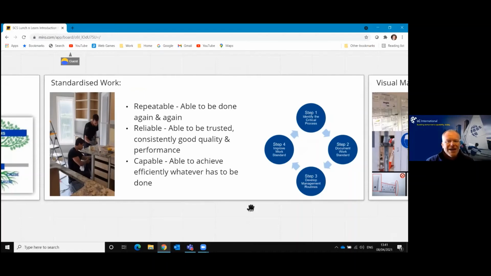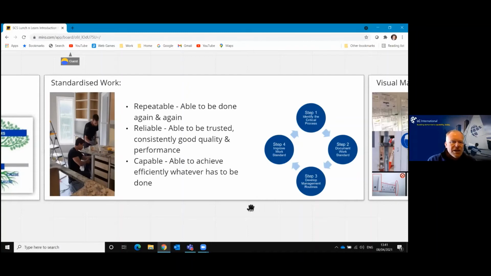And then finally, it's capable, so it's able to achieve efficiently whatever has to be done, and also everybody within the team that has that task to complete can complete it in the same reliable way, and they have the capabilities, the knowledge and experience to be able to do that also.